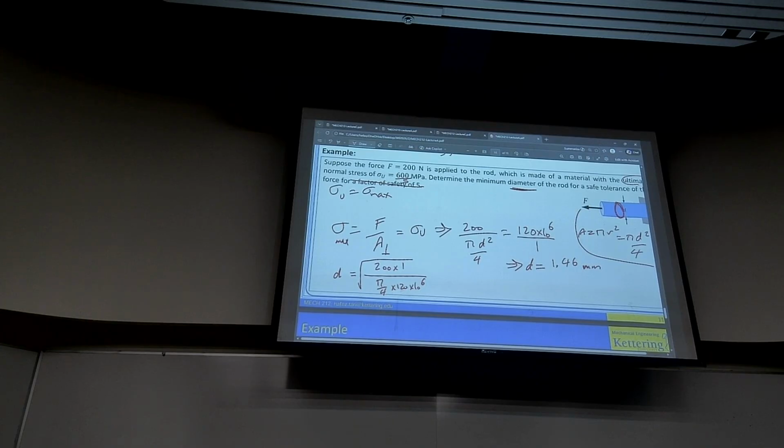Is there any case where the factor of safety would be less than 1? Who can respond to that? Can you come up with a scenario? You can't have that occur because if the applied load is greater than the maximum load, then the structure will break. Yes.